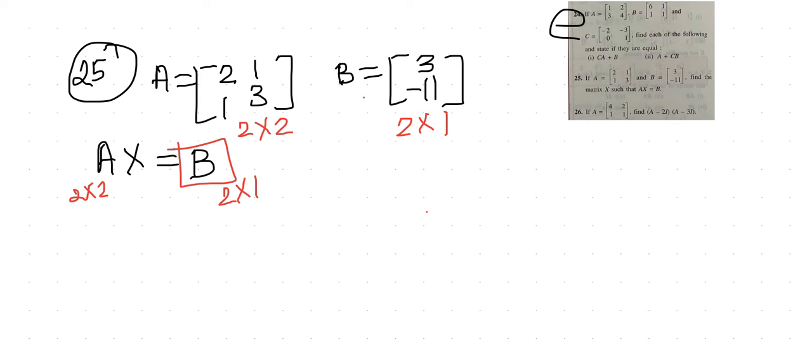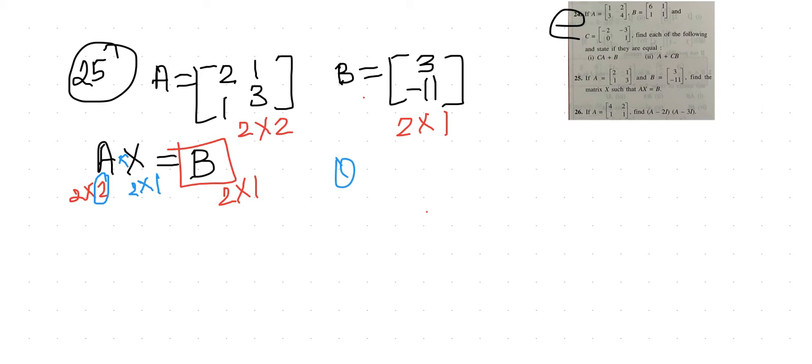So clearly, children, what is the rule? The rule of multiplication says that multiplication between two matrices is possible only when the number of columns of the first matrix is equal to the number of rows of the second matrix. So this should be 2, and this should be 1.